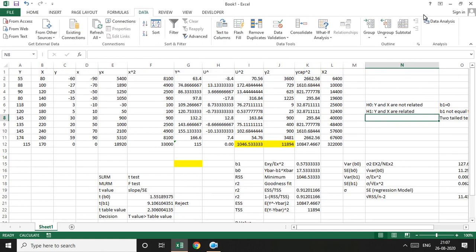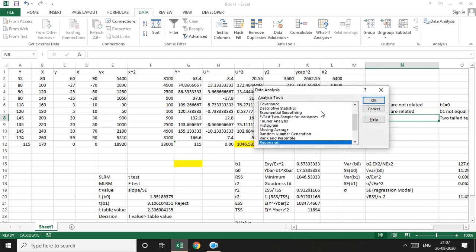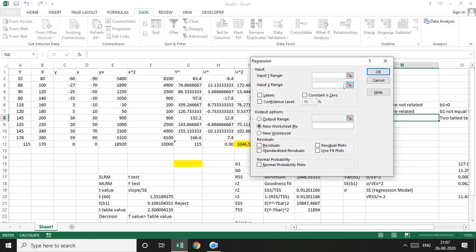No need to do all these things; with a single click you will get all this information. In data analysis, there's a regression command. You just click OK.